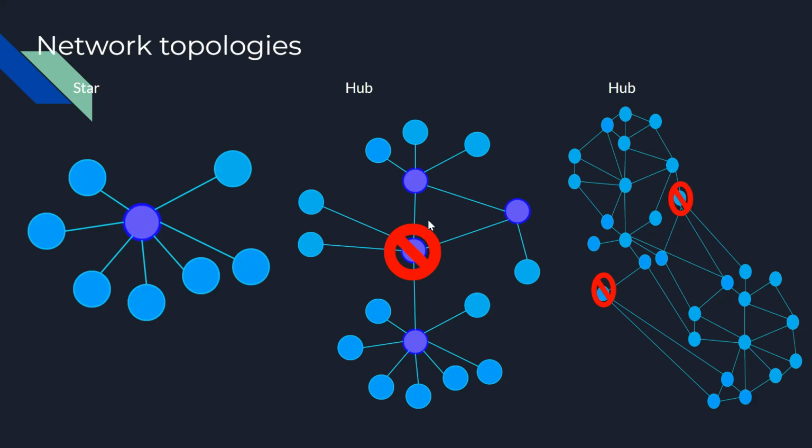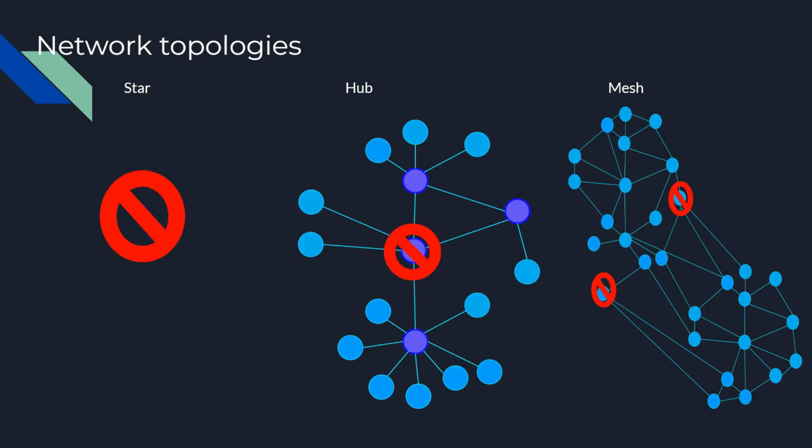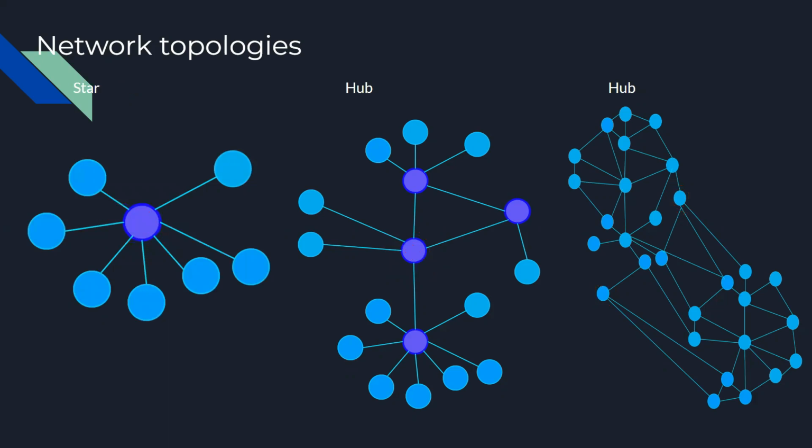Not all of them will be accessible, but at least you won't lose all functionality. And then now in a star topology, unfortunately, if the central node fails, you won't have access to any of the infrastructure that you've had. So it fails completely.